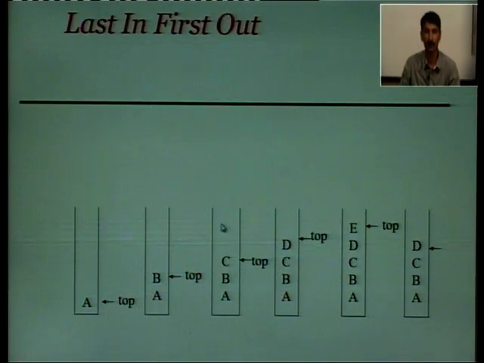This continues, and the insertion of the elements C and D will take the top one position over each time. So, top is incremented and we can add the elements. We can add E also here, as you see in the diagram, and when you delete this E, you can find that top has been decremented.